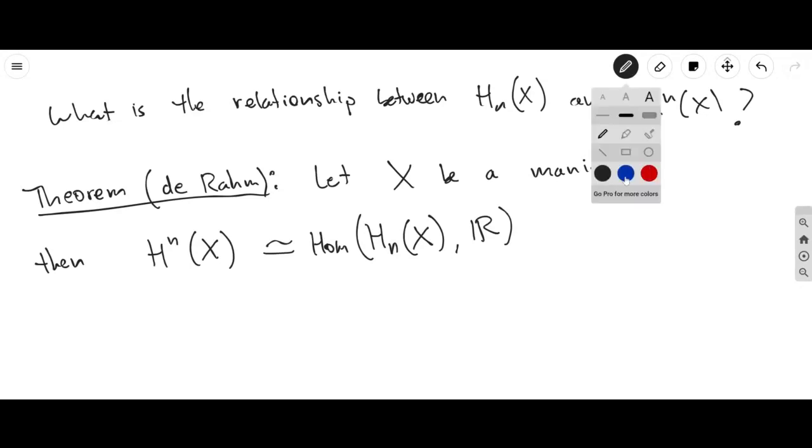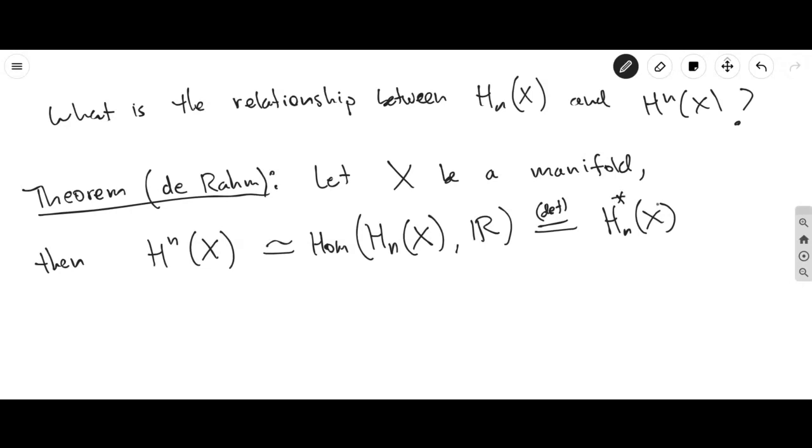So sometimes this whole entire thing is denoted, so this is just equal to by definition, Hn of X dual. We call it the dual of the group. So now this is going to be a real vector space, and this is an isomorphism of vector spaces.